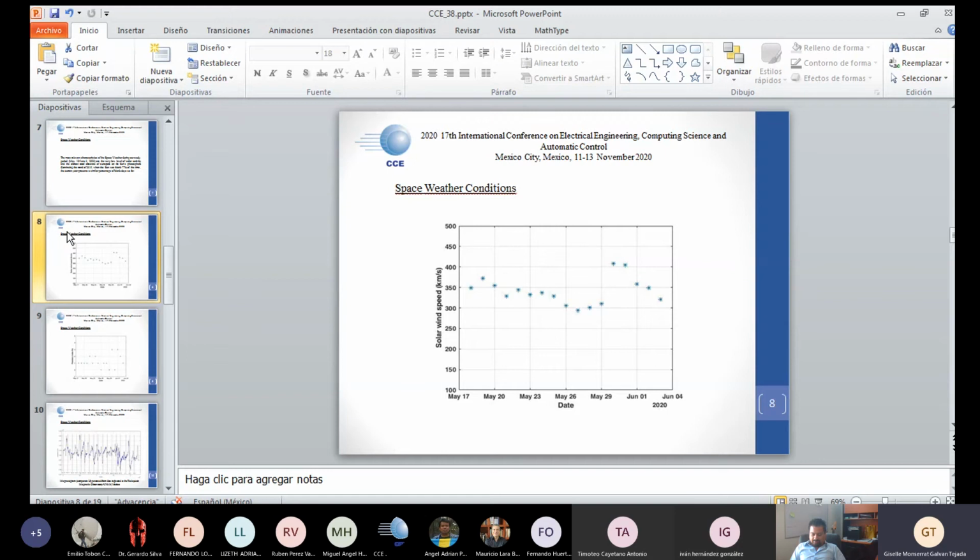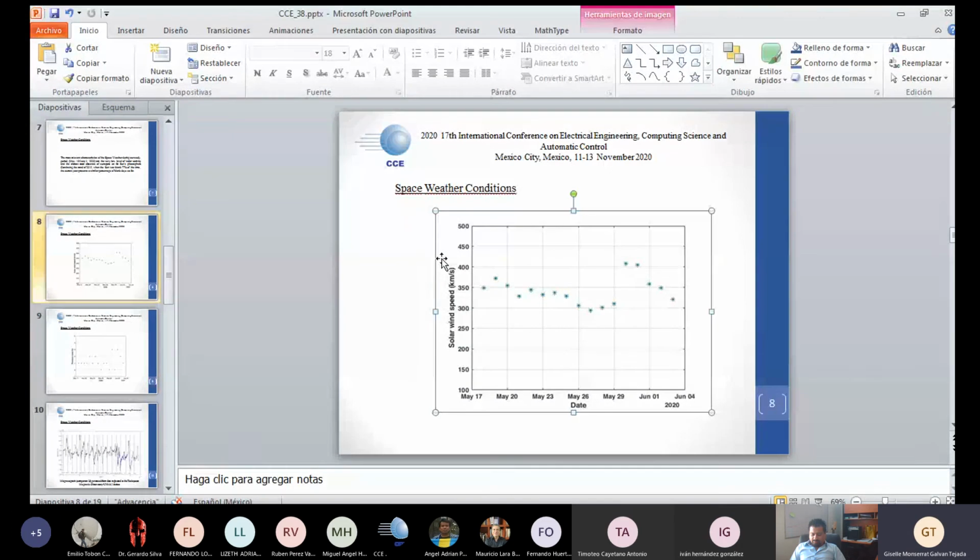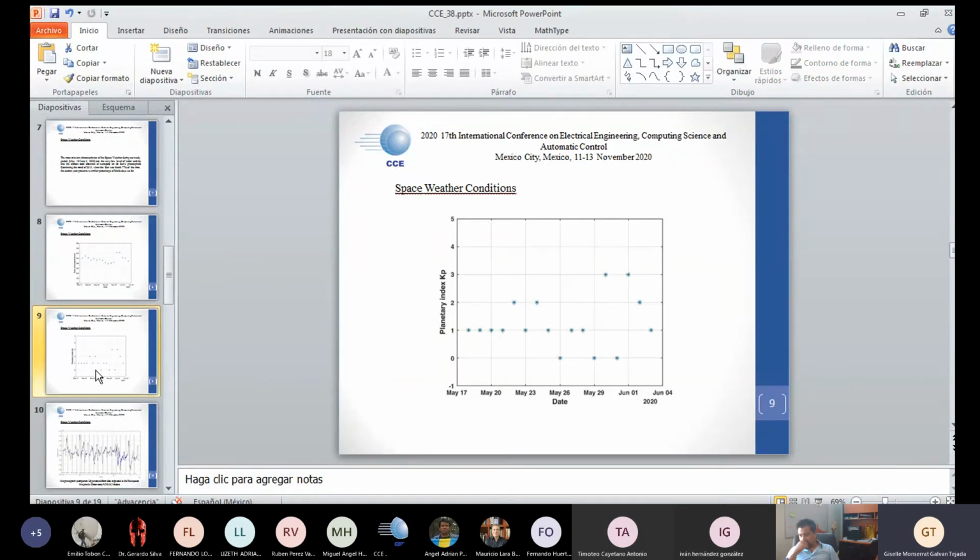So we observe, for example, the solar wind speed during those days, and we see a similar behavior, but suddenly at the end of May, the solar wind increased.